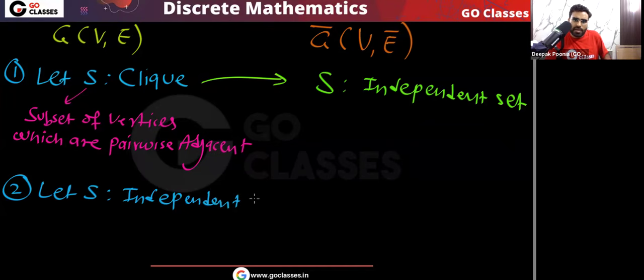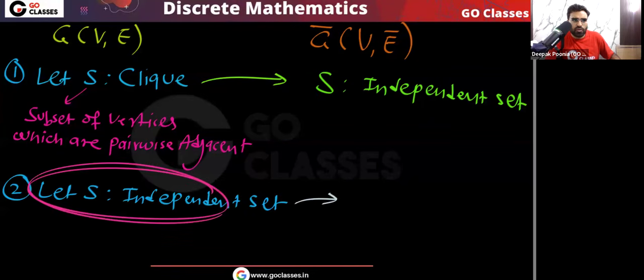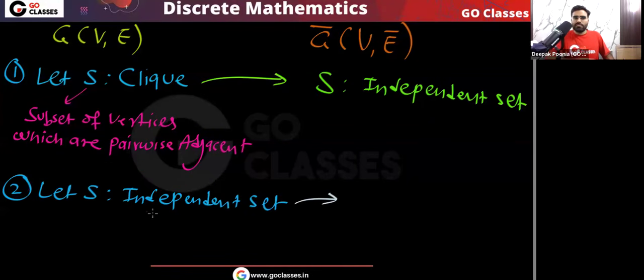Similarly, let's assume that S is an independent set in G. If S is an independent set in G, then between every two vertices of S there is no edge. Whatever two vertices of S you take, there is no edge, they are non-adjacent.